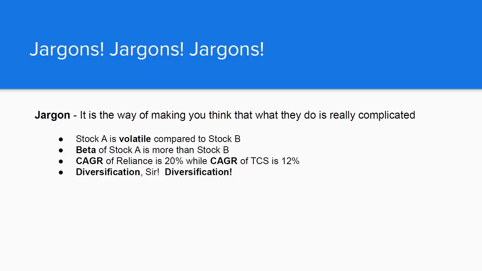So you will hear things like stock A is volatile compared to stock B. Beta of this stock is more than beta of other stock. 5-year CAGR of Reliance is 20%, while 5-year CAGR of TCS is 12%. Then one random advisor will pop out of somewhere and suddenly they will say, "Sir, diversification, sir," and you are sort of left wondering what all this means.